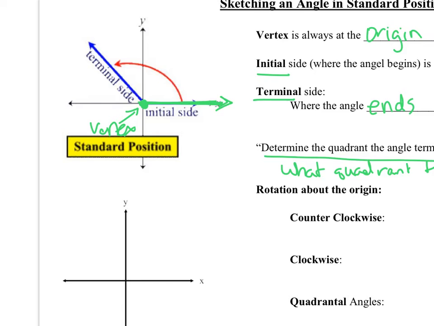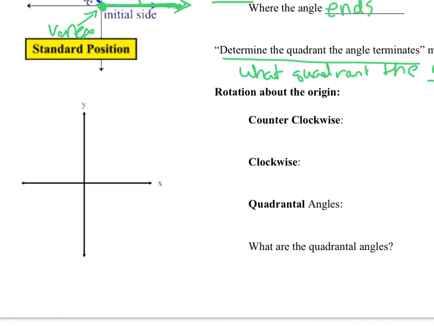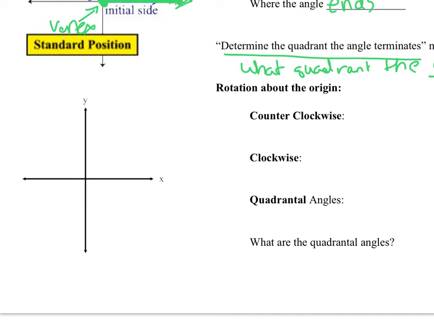And then when we sketch an angle, it's important that we put the arrow saying that that's the direction that we measured it. And if you think, all right, so the direction that you measure is related to counterclockwise or clockwise. That makes a difference.